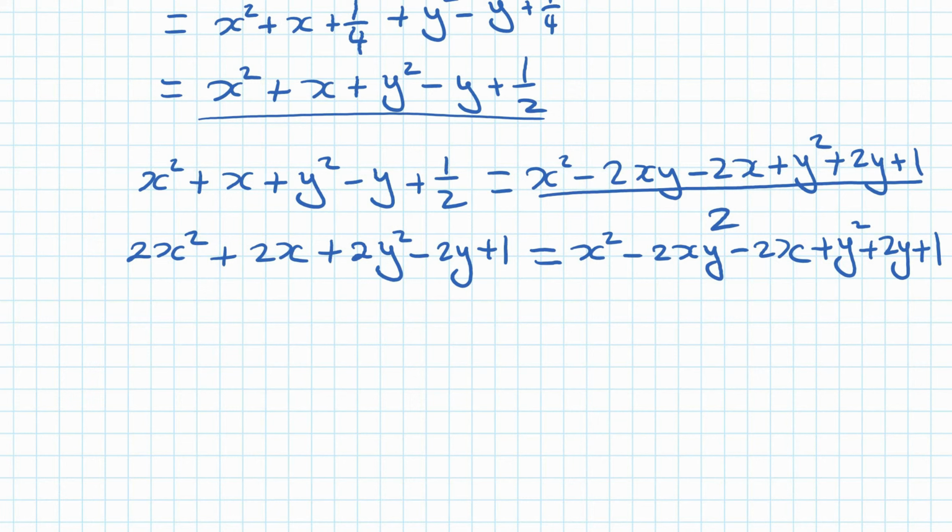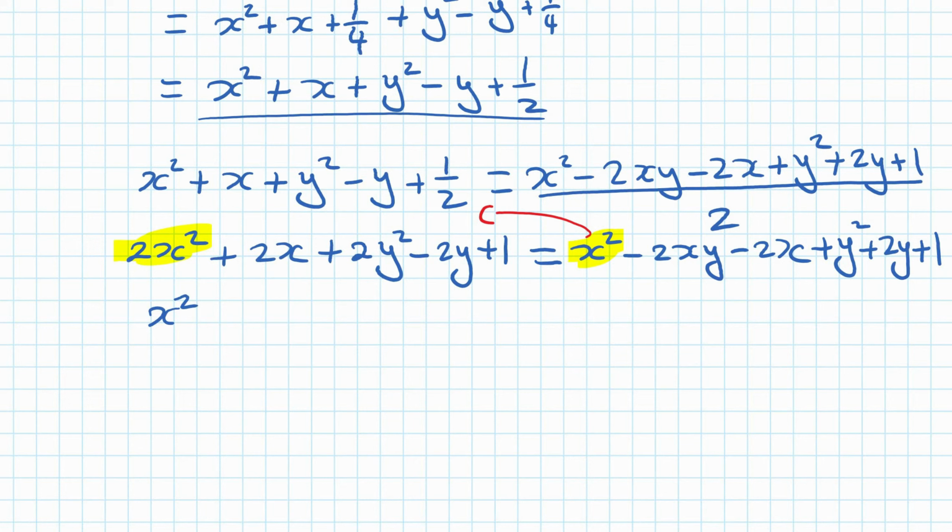Now I just simplify it. So x squared here, I move on this side, so it becomes 2x squared minus x squared, so left with x squared.